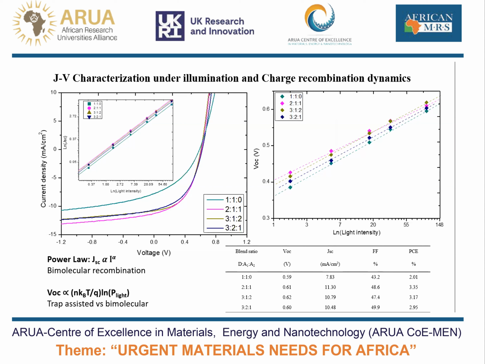One, we look at the power law, that is to look at how much bimolecular recombination we have, and then we look at the different ratios, and see what is the dominant recombination that we have there. We can also look at this in terms of the VOC versus the light intensity.